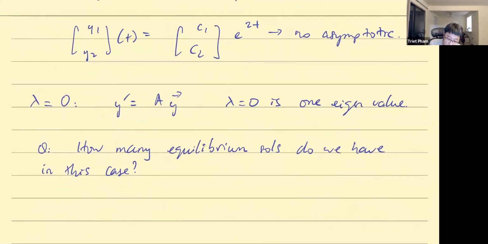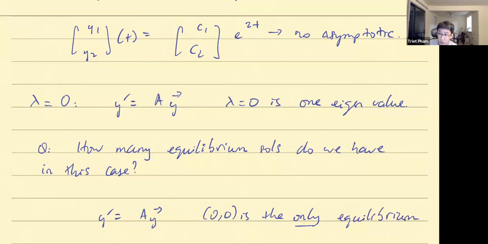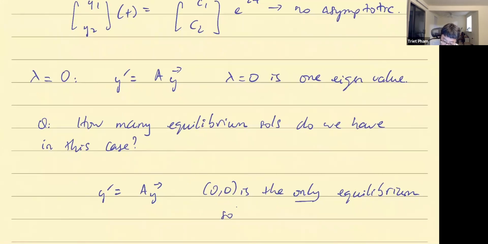So I'm referring to, like before, when we look at y prime equals to Ay, we always say that 0, 0 is the only equilibrium solution. And so we just talk about asymptotic with respect to 0, 0. But now in this case, when you have a 0 eigenvalue, which I don't think you have seen before, how many equilibrium solutions do we have?